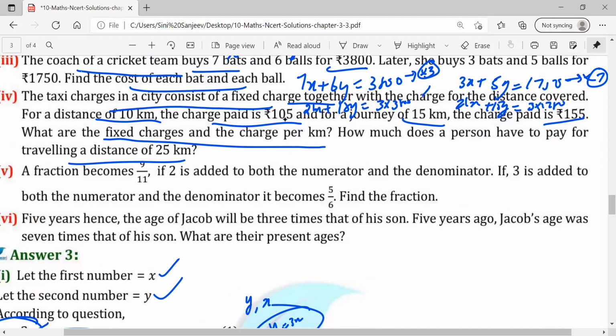What are the fixed charges and charge per kilometer? How much does a person have to pay for traveling 25 kilometers? Can you guys attempt this question and send me the answer on WhatsApp? The logic only, I don't want the solution part. This is a normal question. We all travel in taxis and cabs, right? This is a very simple question.